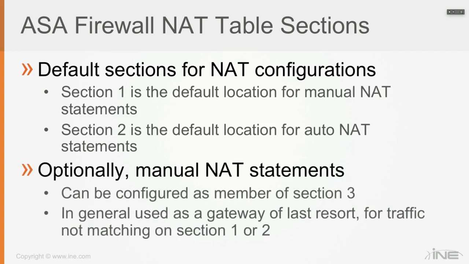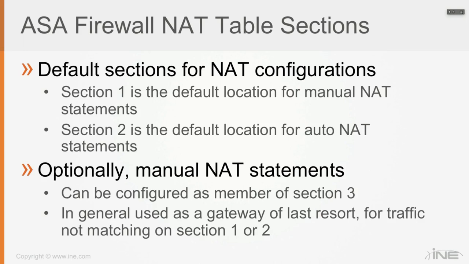Optionally, only manual NAT statements can be configured as a member of section 3. Now, why would you do that? In general, this is used as a gateway of last resort for traffic not matching on section 1 or section 2, which you still want to be NATed.